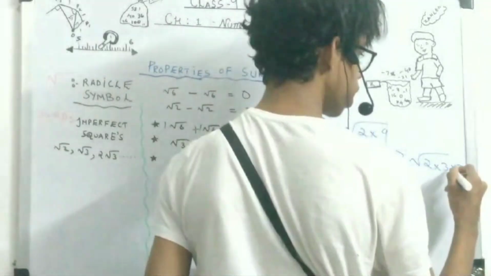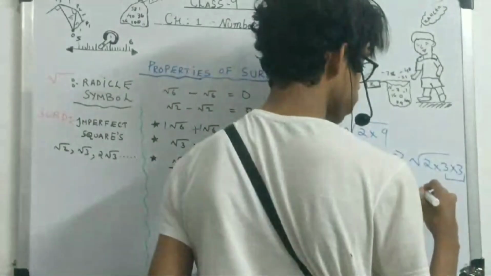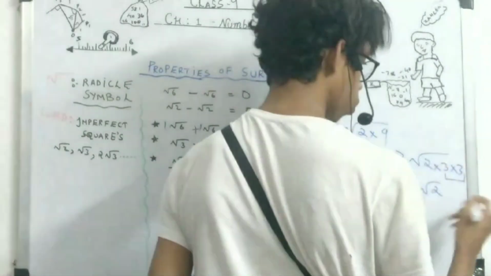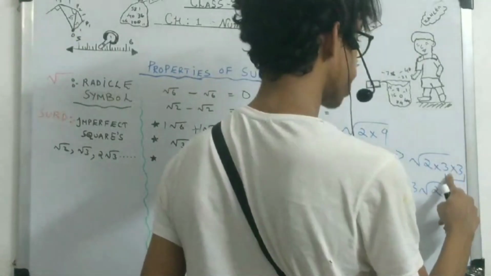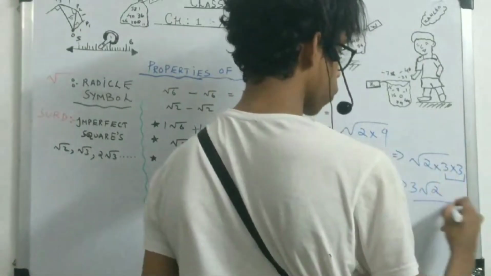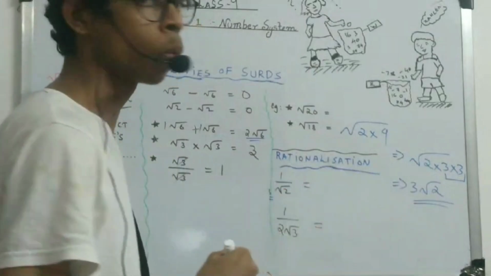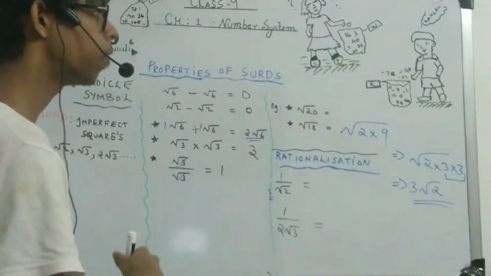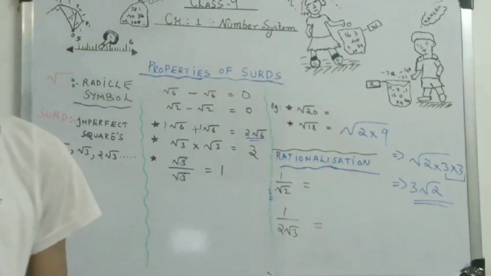Now just see over here, 3 is making a group of 2. So I can take 3 outside, and what will I get inside? Root 2. Otherwise also, you know 3 into 3 is 9, and square root of 9 is 3, so you can always take it out. So root 18 you can write as 3 root 2. This is the way in which we simplify a particular surd which is given to you.